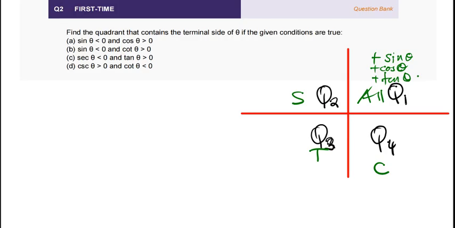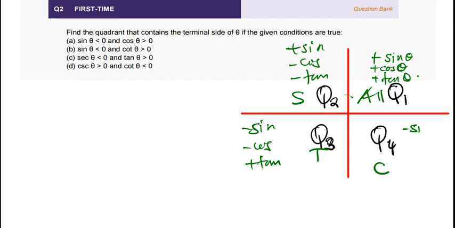Then this S means sine: only sine is positive in the second quadrant, the rest are negative. Here in the third quadrant everything is negative except tan, so tan is positive, which is T here. Then in the fourth quadrant everything is negative except cos, so cos is positive.